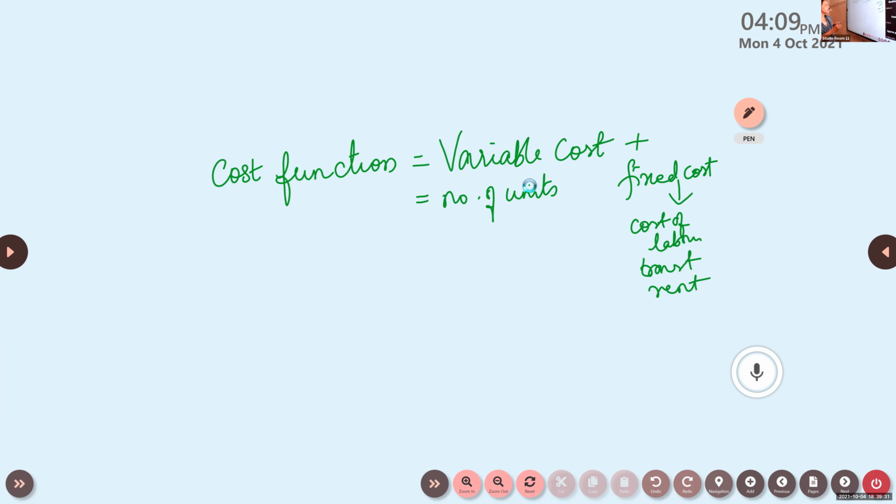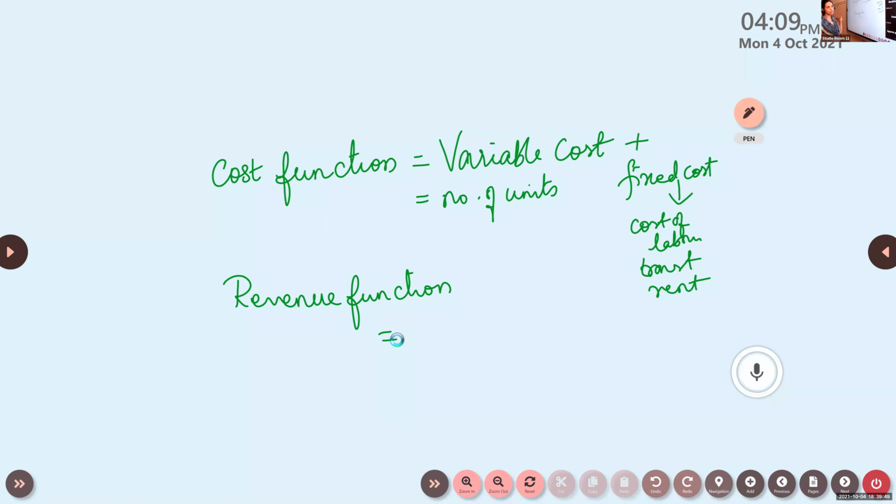What about the revenue function? Yes, children, give your answer.